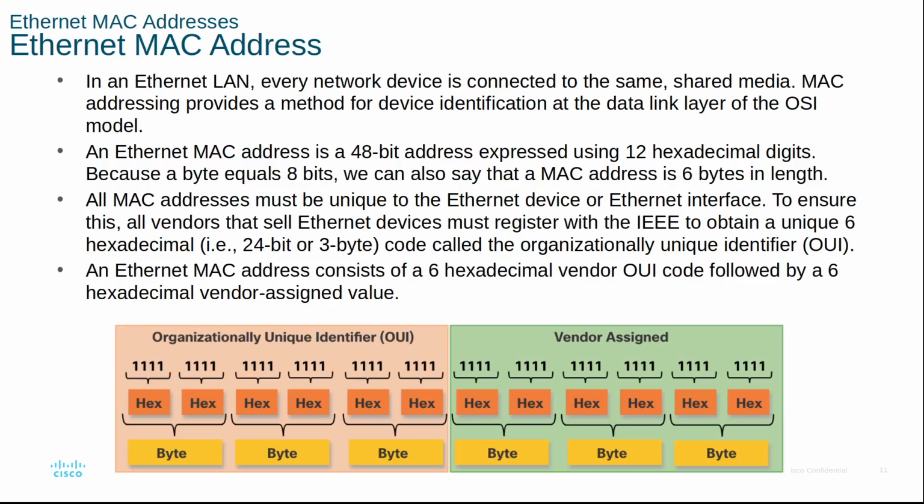So this is 6 hex values. It's the first half of the MAC address. The back half of that MAC address, the vendor can do whatever they want with as far as assigning those. So this generally guarantees that you're going to get unique MAC addresses throughout.